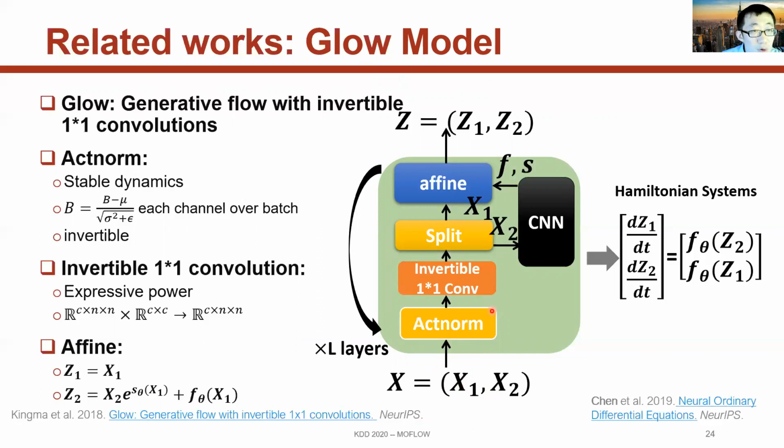Another is an invertible 1 times 1 convolution, just like the graph convolution, but 1 times 1. Such convolution layers make the transformation more powerful and enhance the expressive power. And they also follow the affine layers to build the invertible transformations like this.